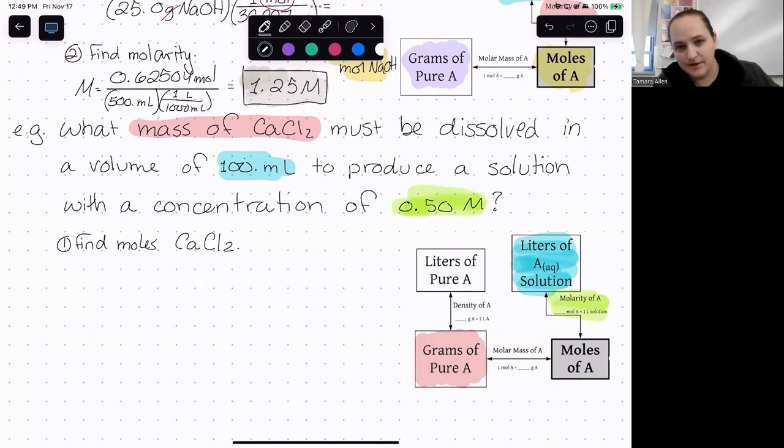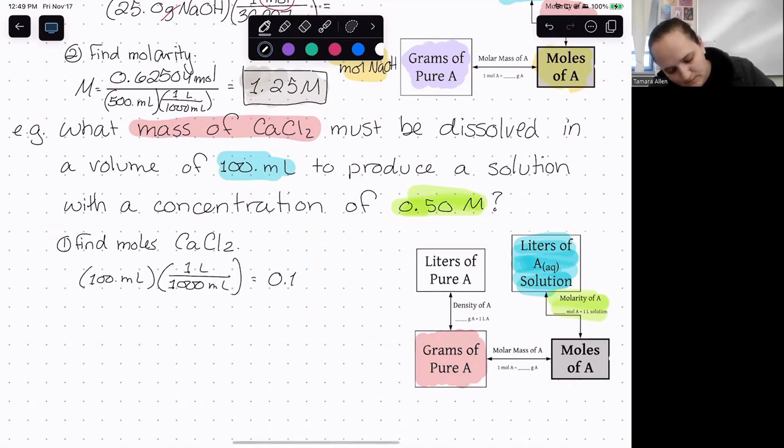So again, we always need to convert our volumes to liters here. So 100 milliliters divided by 1,000 to do that conversion is 0.1 liters. We know that our molarity is 0.5 molar, which is 0.5 moles per liter.